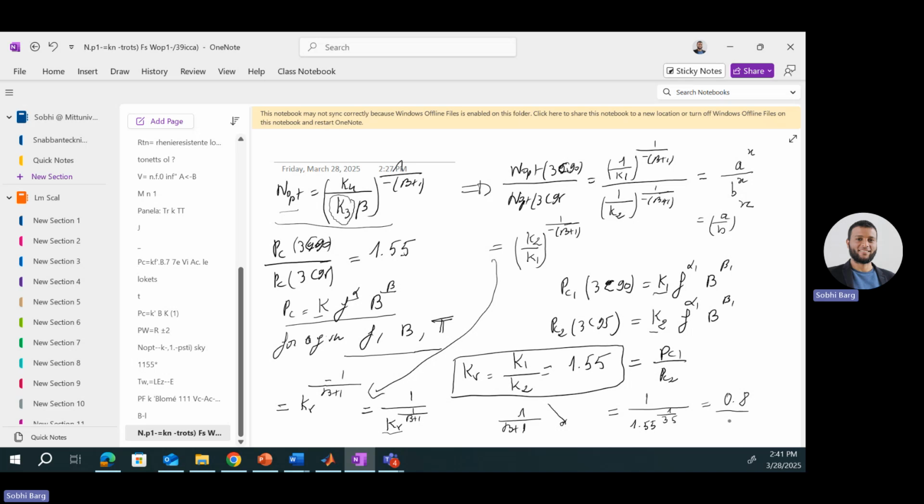The optimal number of turns for 3C90 should be a bit higher than for 3C95, because 3C90 has higher core losses compared to 3C95. So I think the problem here is in beta. Let's try for beta equal to 2 and see what we get.